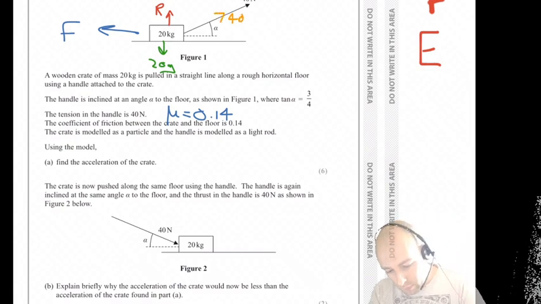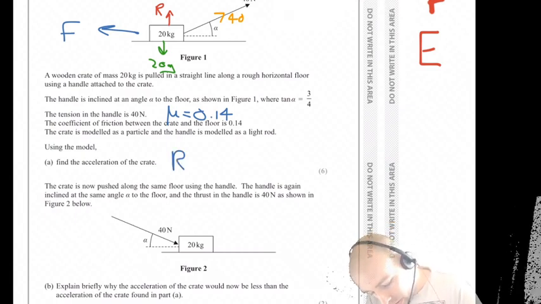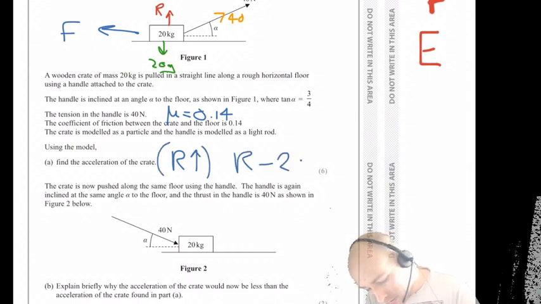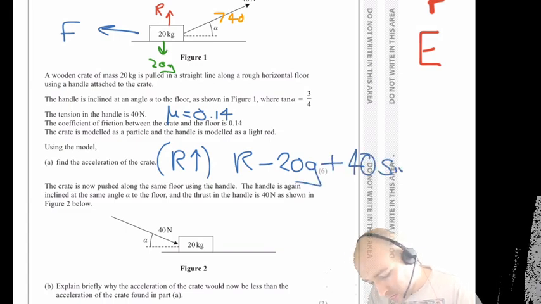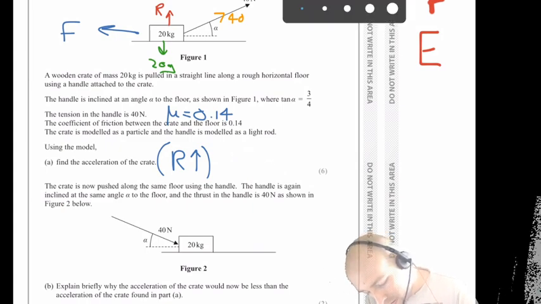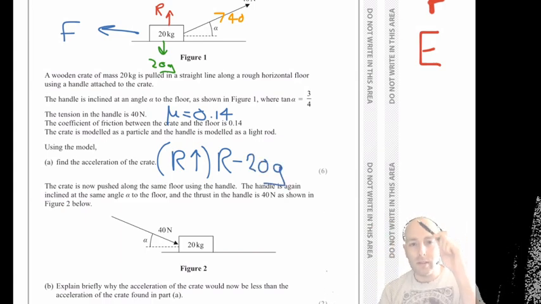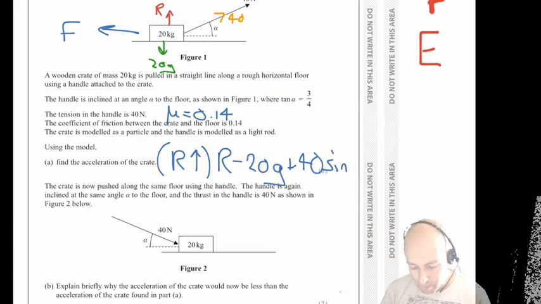Right, so if I resolve vertically upwards, we get R minus 20g plus 40 sine alpha equals 0. So we write that again a bit smaller. R going upwards, 20g going down, so take it away. We've also got that 40. That 40 is acting upwards. It's pulling the box up a little bit. So plus 40 sine alpha equals 0.